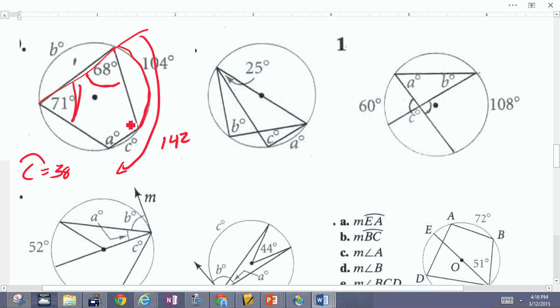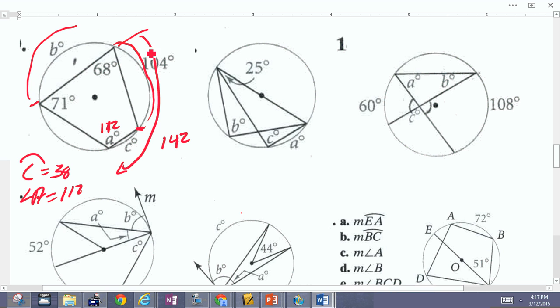Angle A is the supplement of 68, which means 180 minus 68 is 112 for angle A. Angle A opens up to an arc spanning from this point all the way over to this point, and since that arc must be twice that angle, 112, it makes it 224.